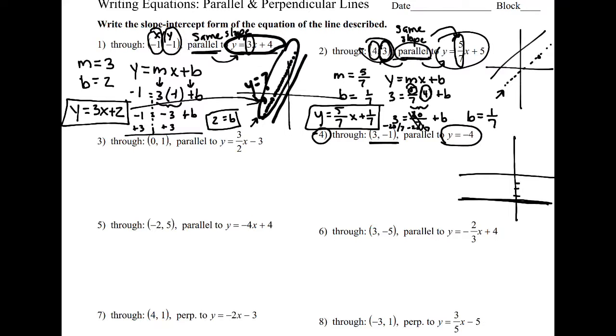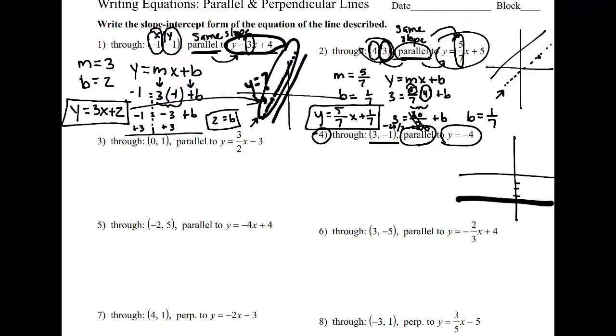So now when you're trying to think, okay, what does a line parallel to that look like? Well, a line parallel to that would have to go the same direction, same slope. So remember, if it has the same slope as this, then it's somewhere else on this graph that goes like this. I mean, it could be there, it could be here, it could be here. So all those lines are parallel to that line.